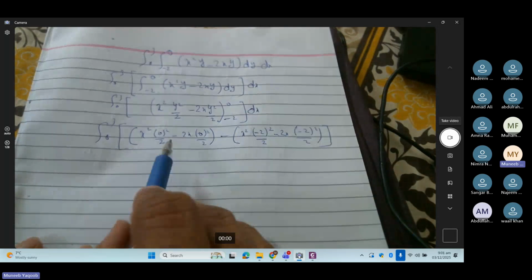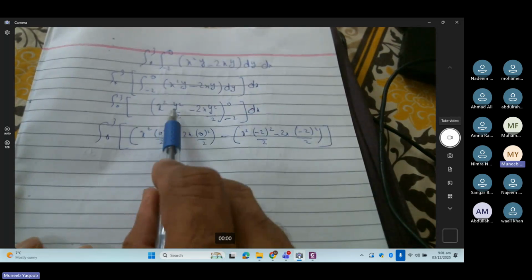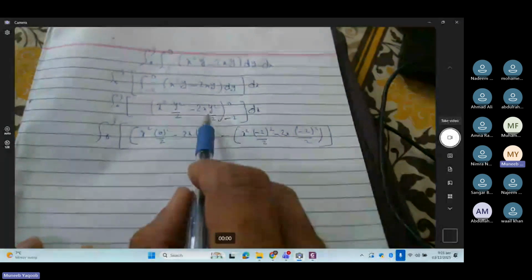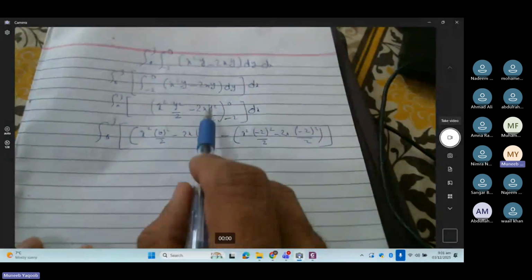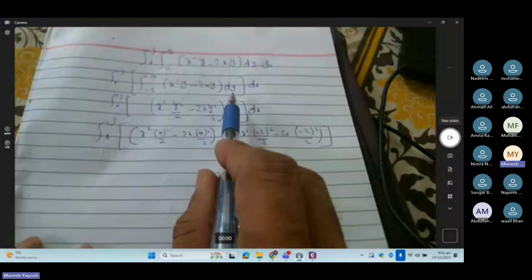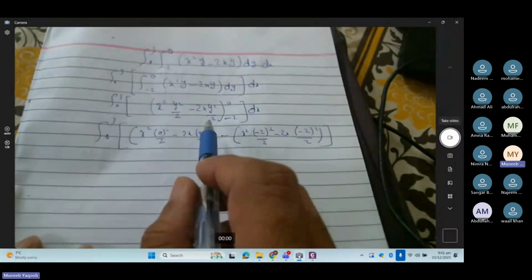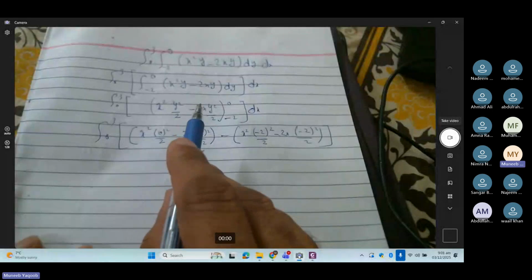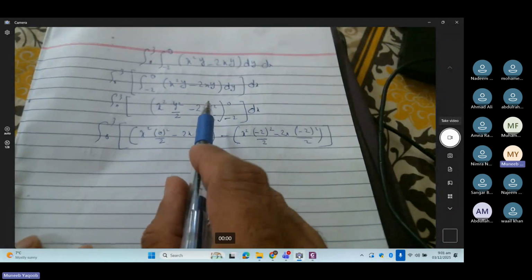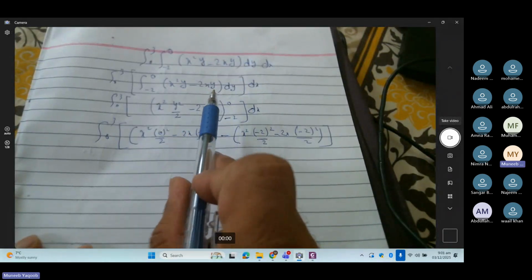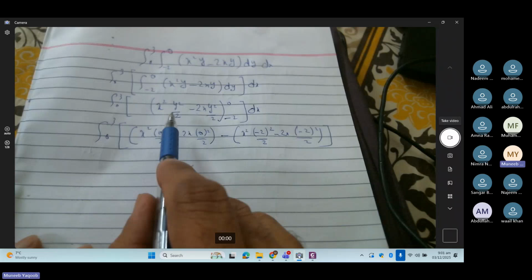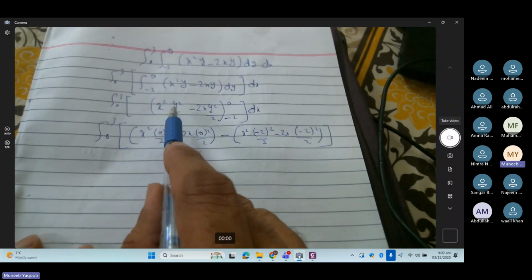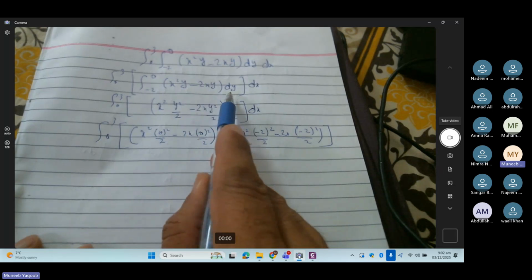So you can see I applied the limits only in the y variables because we integrated with respect to y, and in this integration for us x and all terms containing x are constant. So we will not apply limits in x. We will only apply limits in the y terms, in the y variables. Why? Because we integrated with respect to y.